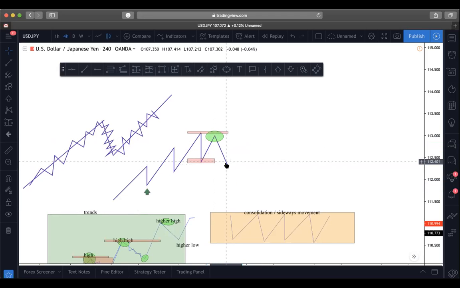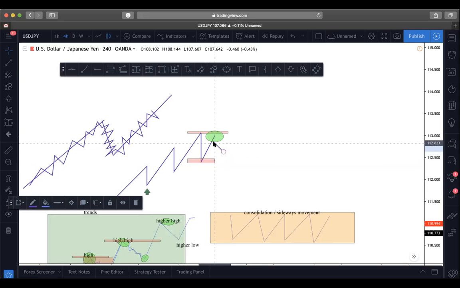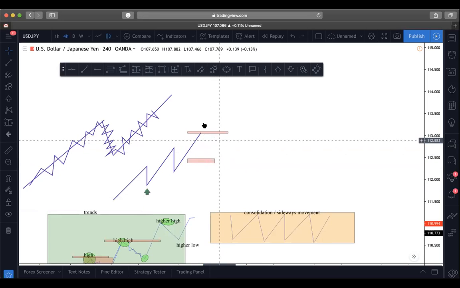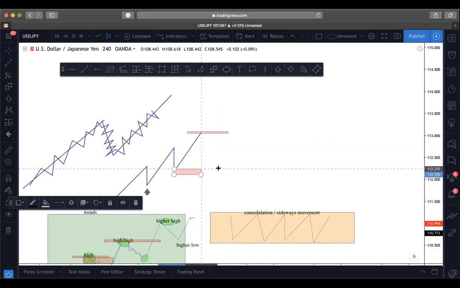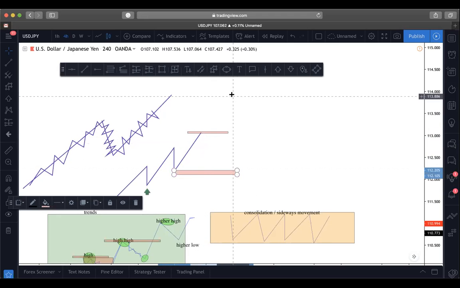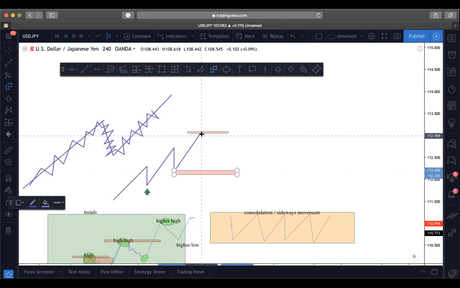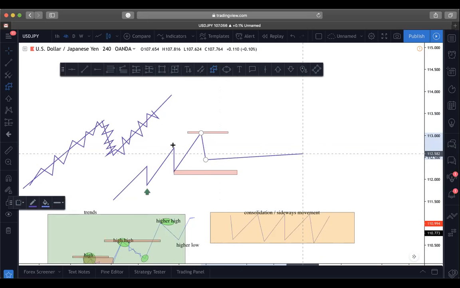Let's say the market is here, right? In the middle here, the market could do whatever it wants. Okay, let's say this is a low. This is a low, right? The market could do whatever it wants. It could drag, it could go sideways, whatever, right?